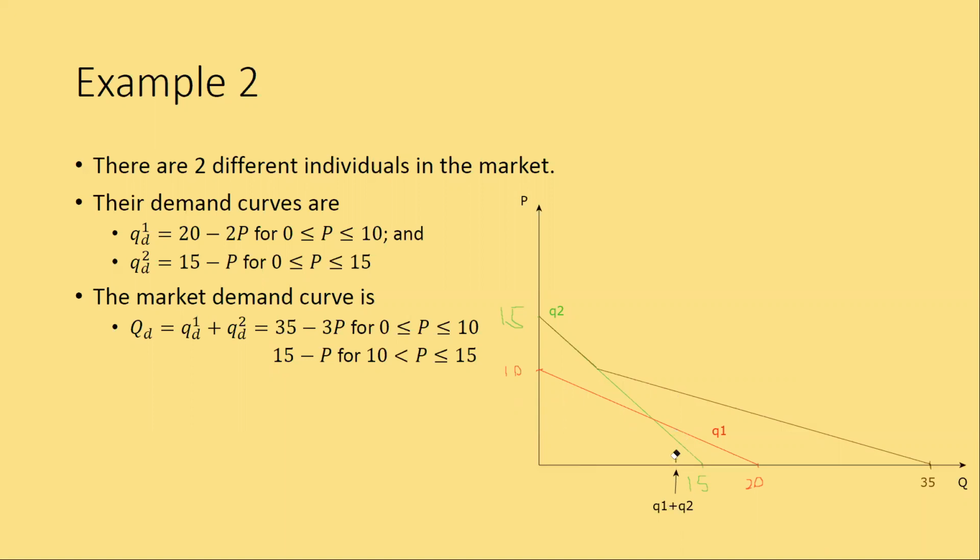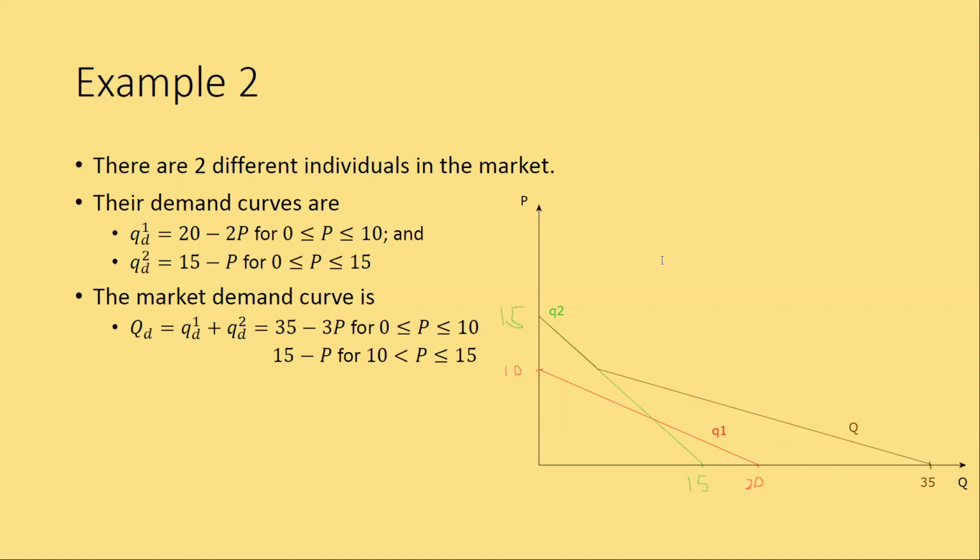All right, I've erased the irrelevant stuff. So this brown line, I showed you how we derive it. And this brown line is the market demand curve. And this is what is meant by adding up the individual demand curves horizontally. And this is the example for two individuals.